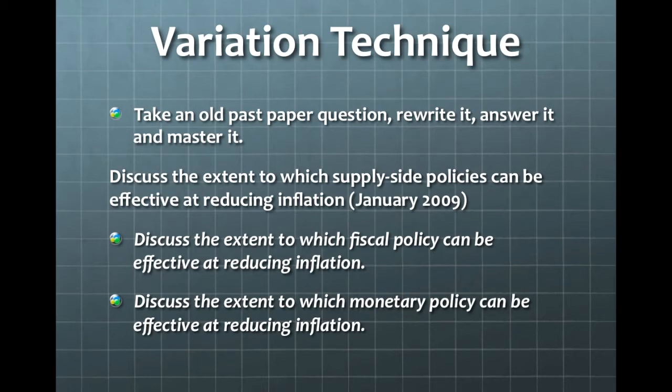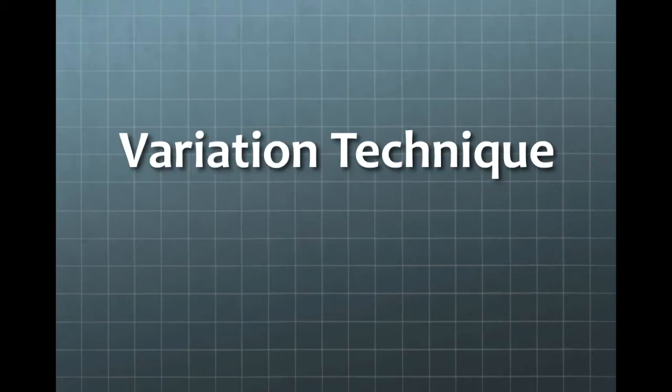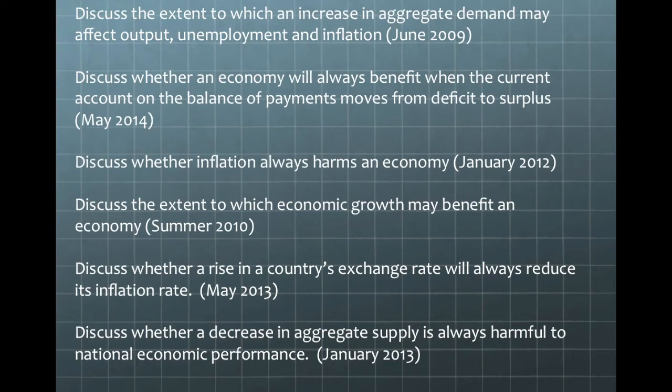You could try discuss the extent to which fiscal policy or monetary policy can be effective at reducing inflation. You can also try reducing unemployment or increasing economic growth. You can play with this, right? So you have so many essays that you can manipulate out of the existing set.